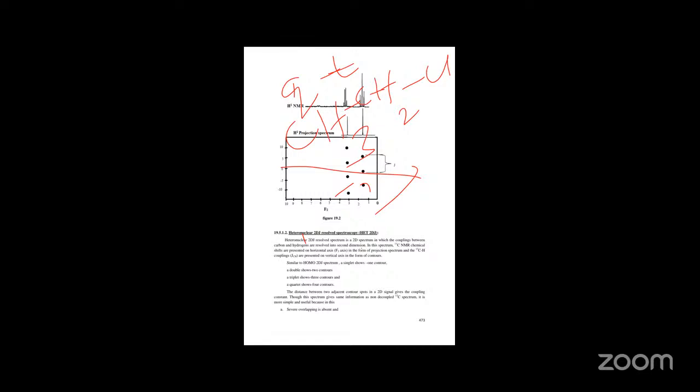The coupling constant values of C13 and hydrogen are present on the vertical line in the form of contours. A doublet shows two contours, a triplet shows three contours, like resolved spectra here.